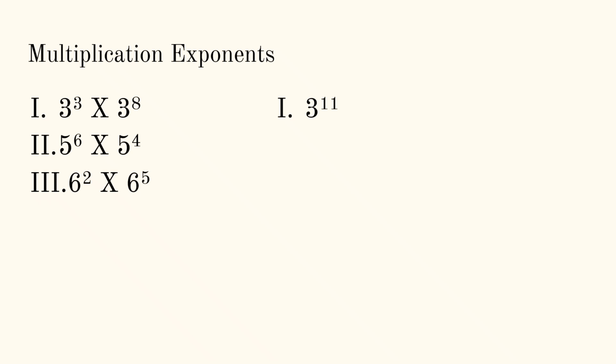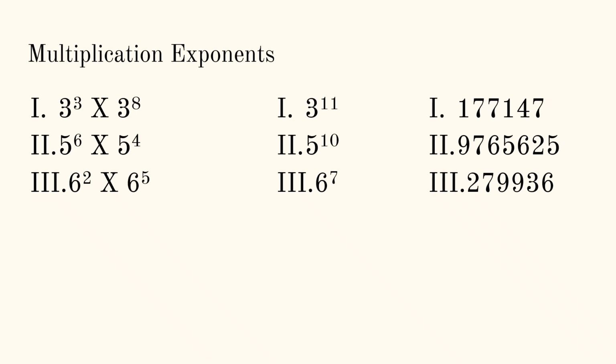Number 2, 5 to the power 6 times 5 to the power 4 is 5 to the power 10, because 6 plus 4 is 10. 6 to the 2nd power times 6 to the 5th power is 6 to the 7th power. And the final answers for each one of these.